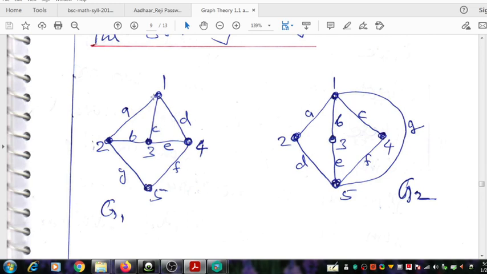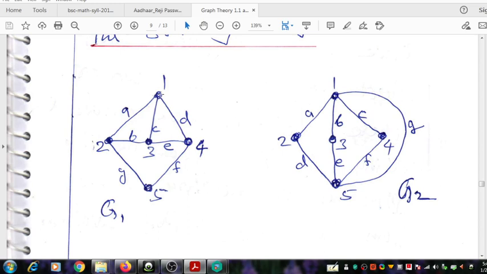You can try starting from any vertex of this graph, without taking your ruler or pencil or pen, and trace the edges in the graph and try to get back to the starting vertex.